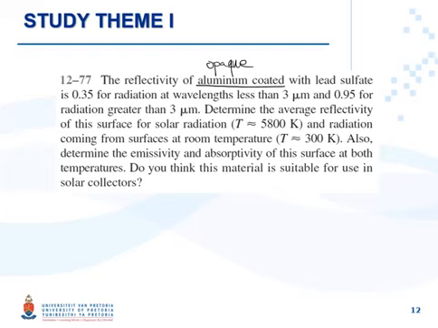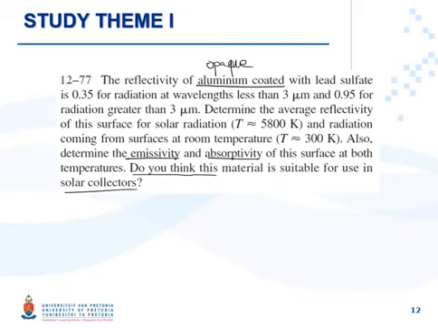Okay, that's an opaque surface. We have some information, and what it is asking us is to determine the emissivity, absorptivity, and at the end it is asking if this surface is suitable for use in solar collection.